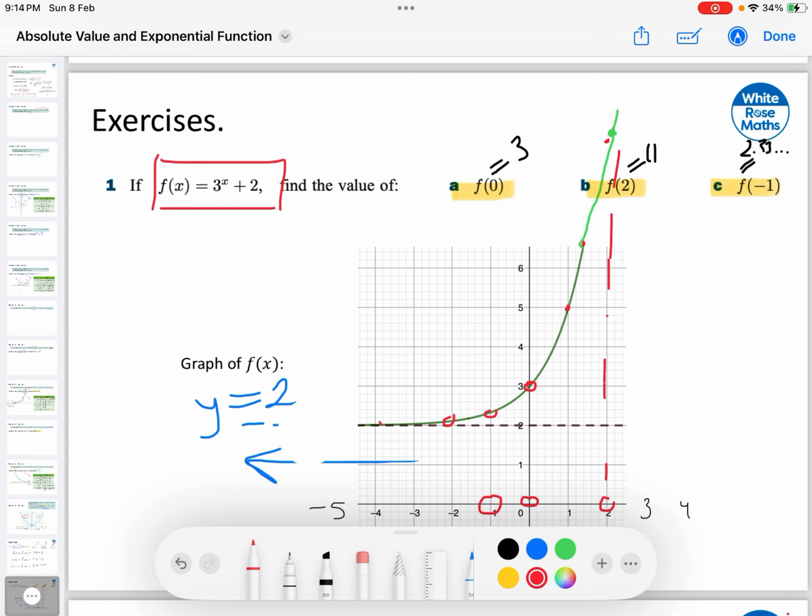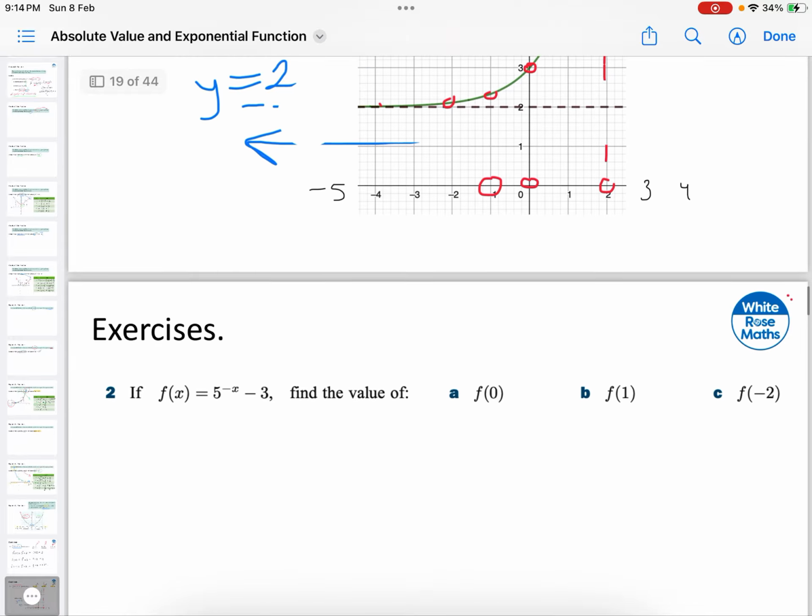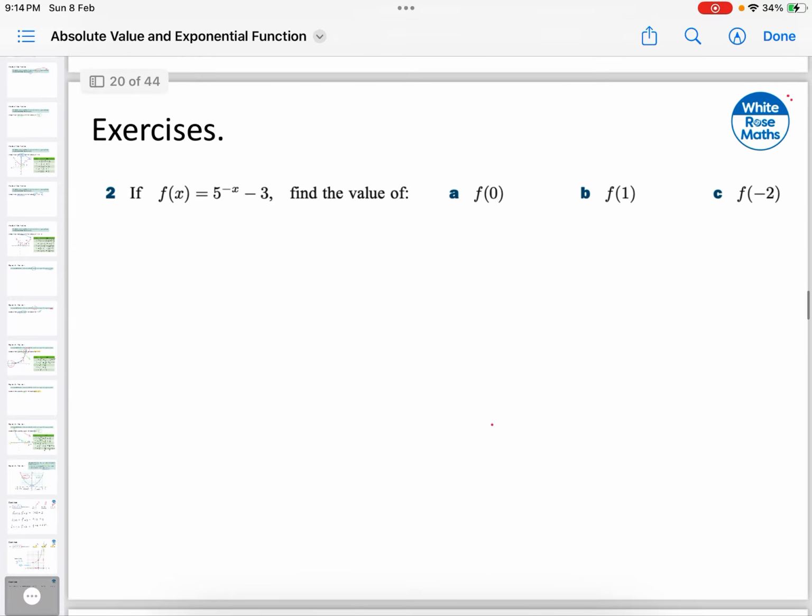They're saying that the function is 3 with the power x, so the index is necessarily located on the power, and then plus 2. And that's it. That's how we can find the value of a specific function, and then with the graphic calculator, you are allowed to confirm your answer by making the drawing.